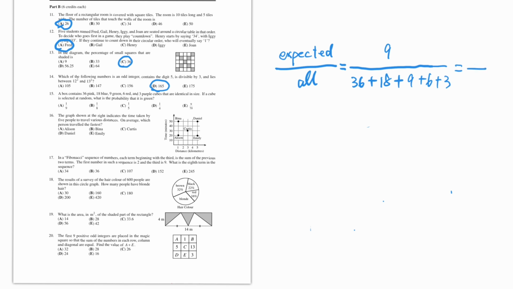That's equal to 9 over the denominator 72. Cancel 9, that's 1 over 8. So the answer should be B.